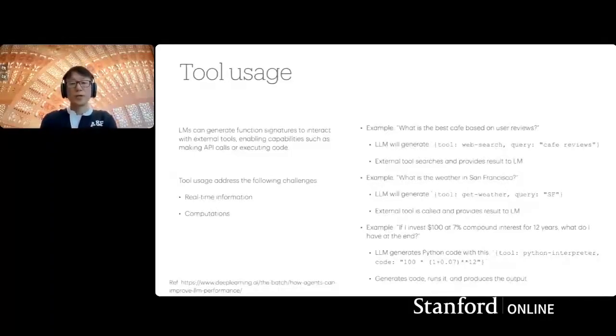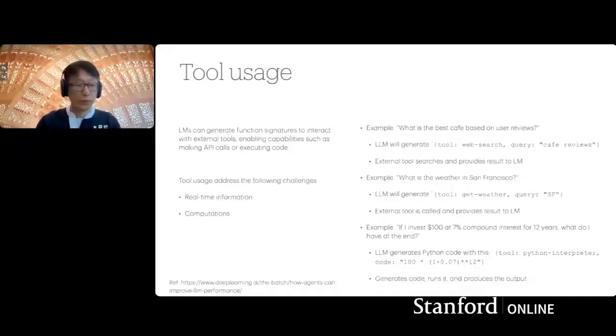Let's look at an example here. If you have an AI chatbot and you ask what is the weather in, say, San Francisco, the model will not know it by itself. However, if you tell the model previously, as part of the prompt, that if you are asked a weather-related question, generate an output in a form that the software parsing the output can use to make an API call.